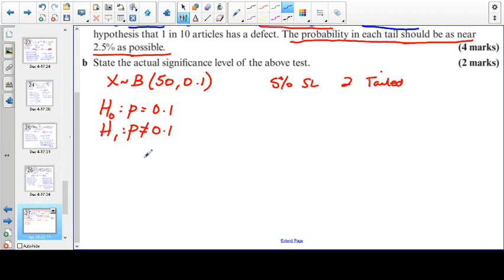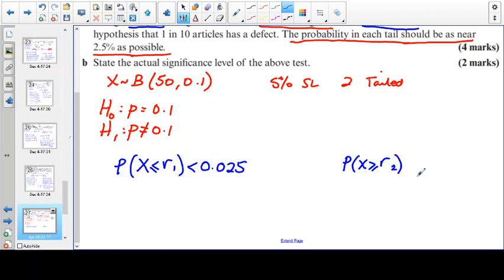Same as the last one, we want the probability that X is less than or equal to one critical value to be as close to 0.025 as possible. And then the other one, X greater than or equal to R, has got to be as close to 0.025 as possible.